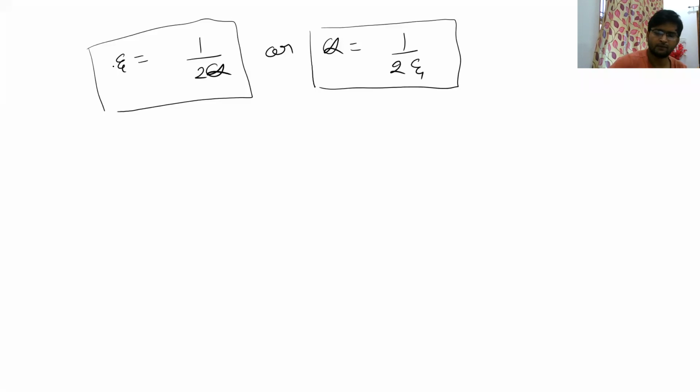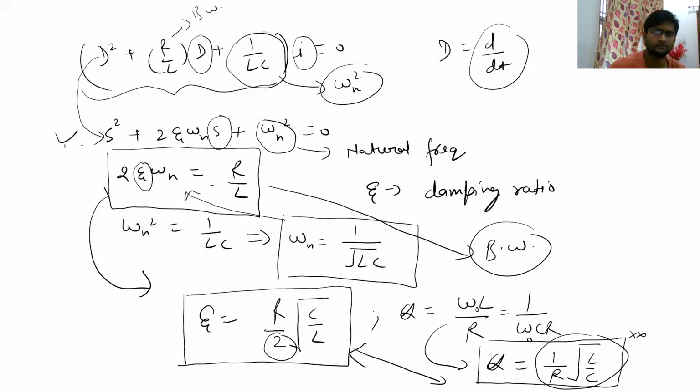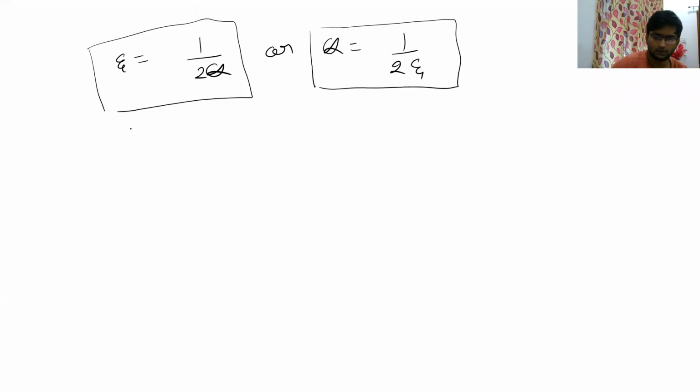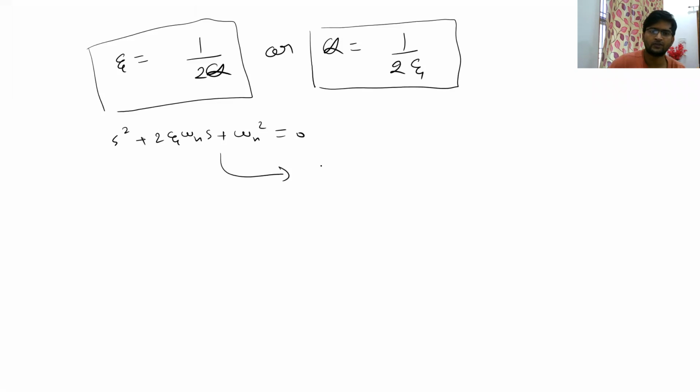Now let's come back to this equation: S square plus 2 zeta omega n S plus omega n square is equal to 0. If we solve this equation with respect to S, what will we get?